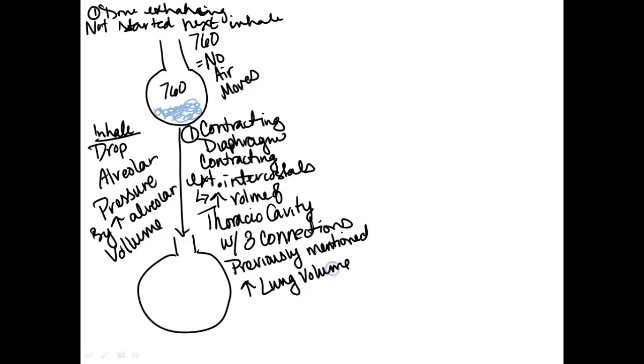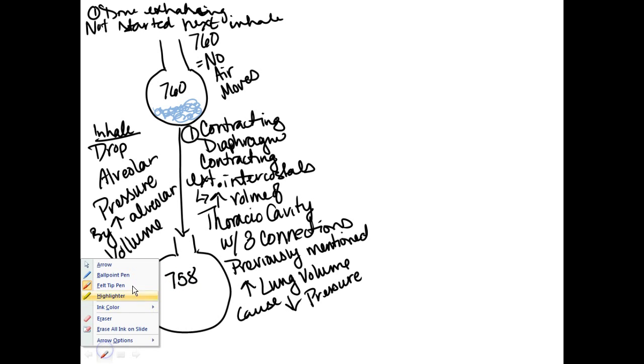This increase in lung volume causes our decrease in pressure. So what ends up happening, we go from 760 to 758. At this point, the pressure inside is lower than the 760 outside, so air flows in.